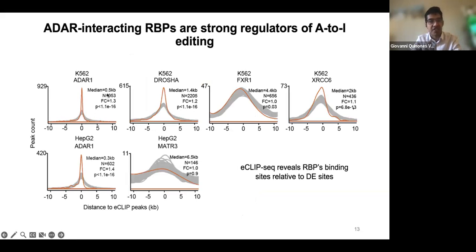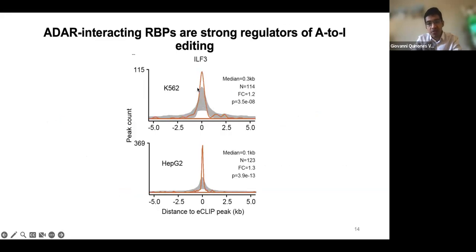If we look at the metrics, for example, the median of the distance to the differentially edited site, it is about 0.5 and 0.3 in the 2 cell lines. And DROSHA, that was very significant, is about 1.4. When we look at the binding profile of ILF3, we even see a stronger signal than that of ADAR, with a median of 0.3 and 0.1 in the 2 cell lines.